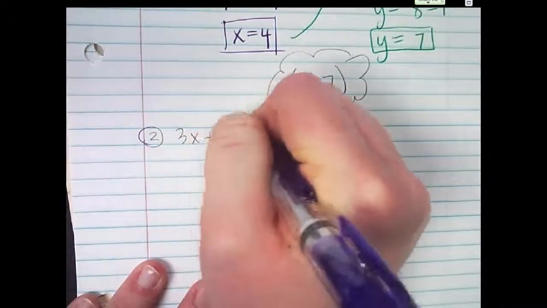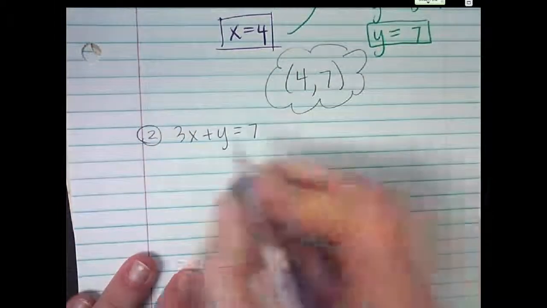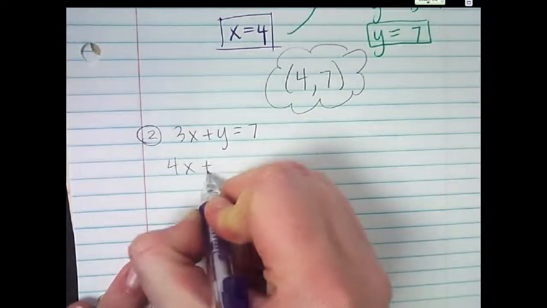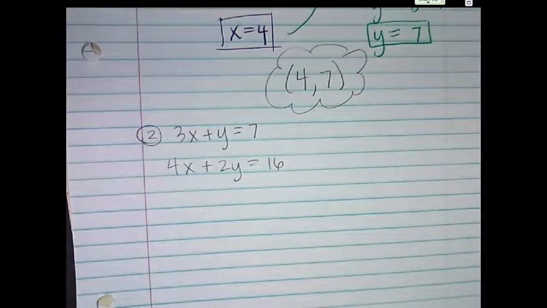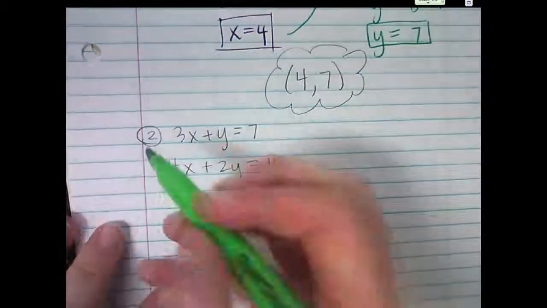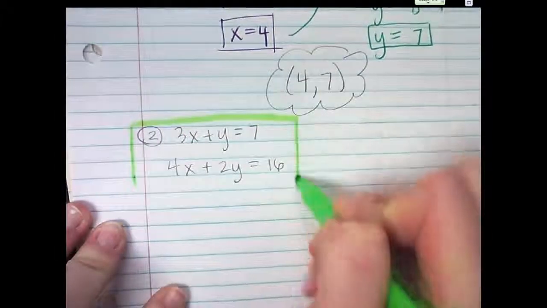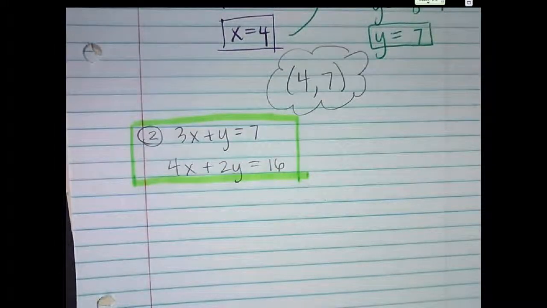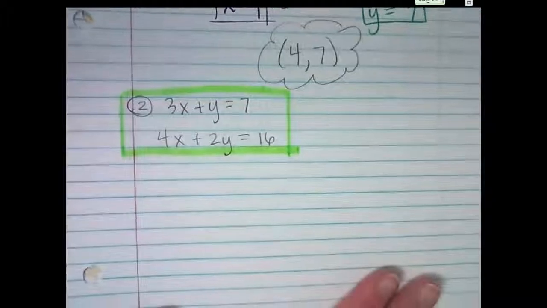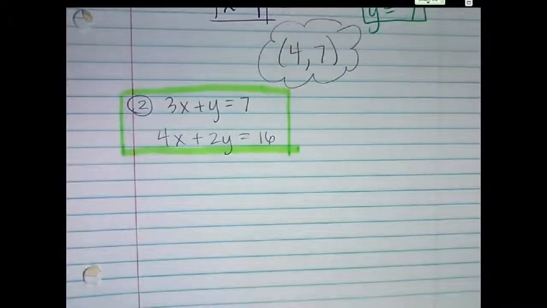3x plus y equals 7. 4x plus 2y equals 6. So we don't have a variable by itself.